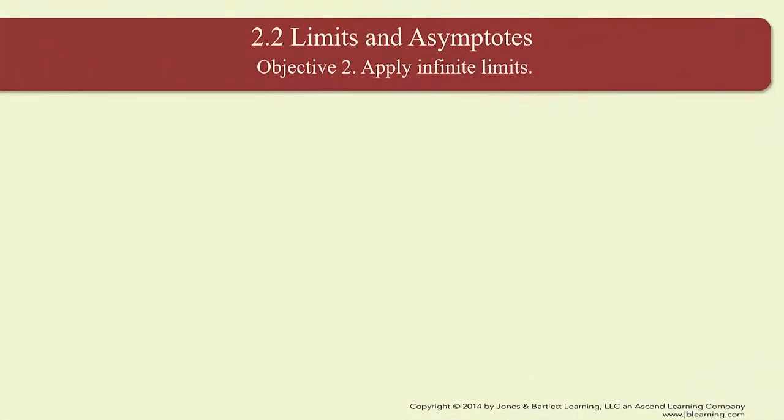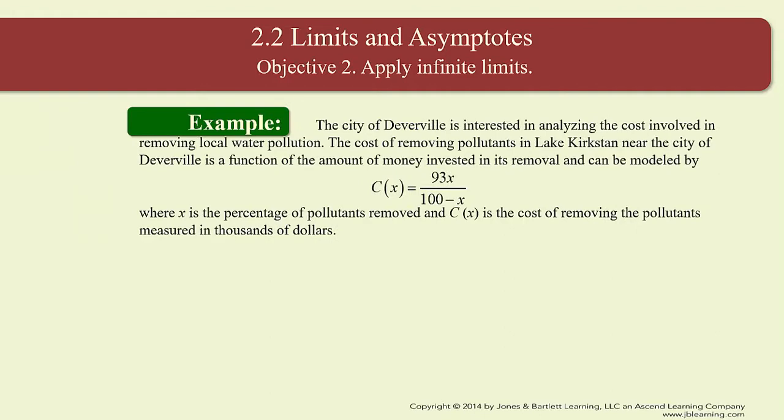All right, well, that wasn't too bad. Vertical asymptotes are our friend. So let's look at an application of these infinite limits. Write this in your notes. The city of Deaverville is interested in analyzing the cost involved in removing local water pollution.